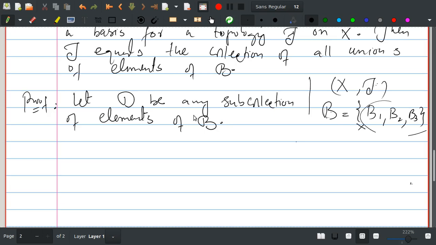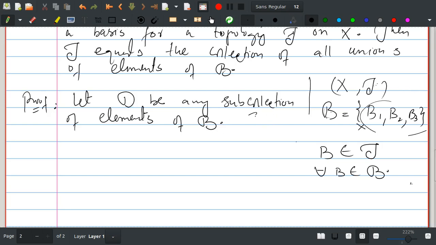So since each basic element is in tau, so this is the previous observation that B is in the topological space tau for all B in B. That means every element in this collection here is also in tau.